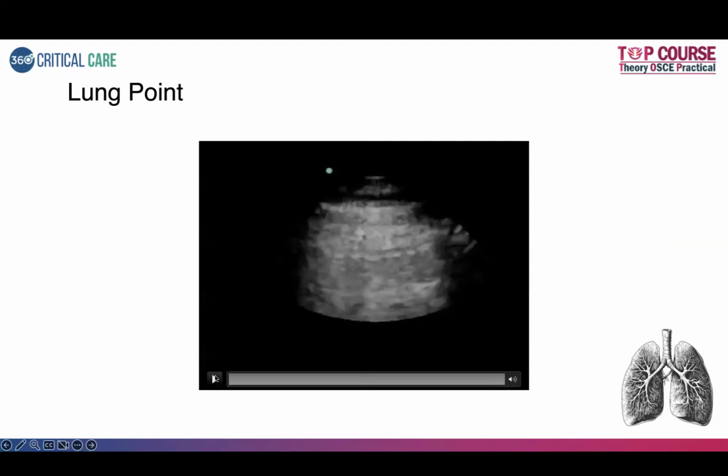So this is lung point. As you can see, there is one part of the lung where there is no lung sliding, and there is another part where there is lung sliding occurring. This area where there is a distinction between the two parts, lung sliding being present and not being present, is called a lung point.